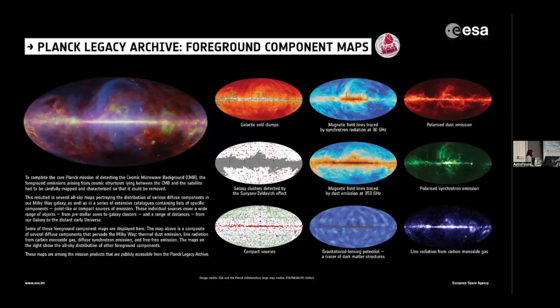So here are some of the component maps for the Planck telescope, where we can see the galaxy up here. We can see things like cold clumps of gas, galaxy clusters, magnetic fields, this gravitational lensing, or this cosmic web, and a lot more. So they're able to make all of these maps, and then folks that study all these different phenomena can use these maps for their work.